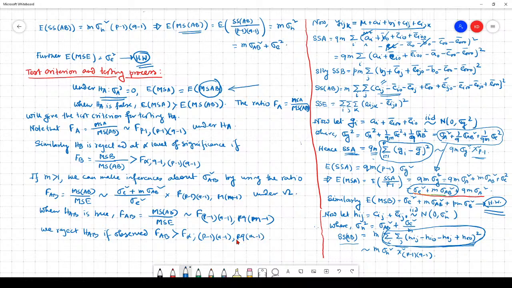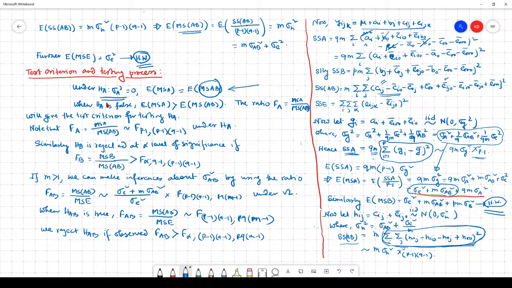So you note that for the random effect model, when you are interested in testing HA and HB, that is main effects, then the valid error is MSAB. And for testing interaction, that is HAB, that is sigma AB square equal to 0, in that case the valid error is MSE. So this is the difference between fixed effect and random effect model, because in the fixed effect model, MSE is always the valid error.